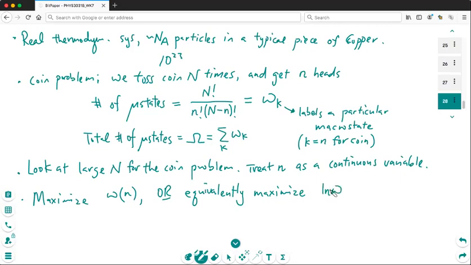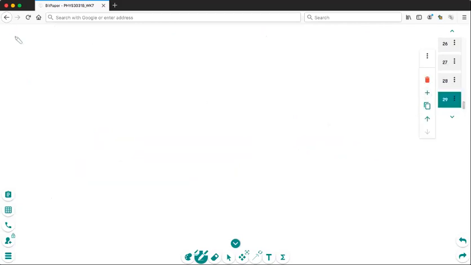The reason we can do that is because log is a monotonic function. So if omega is maximum, log of omega is also a maximum. So it's more convenient to maximize log of omega. Okay, let's just do that.